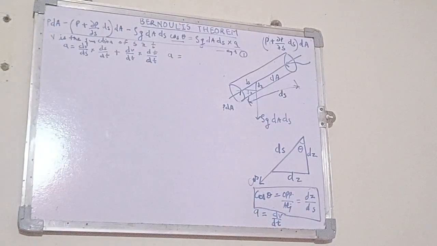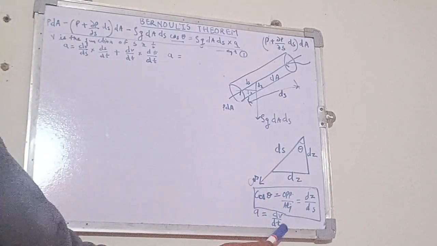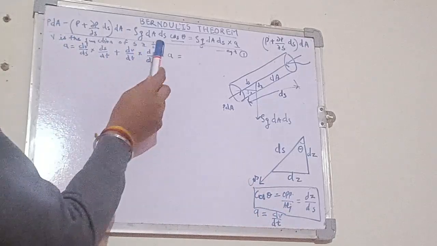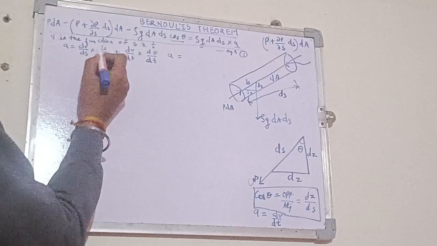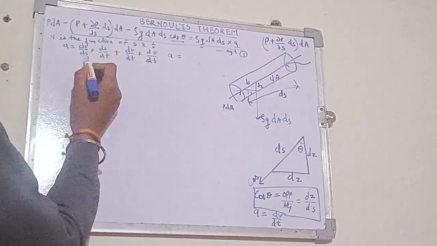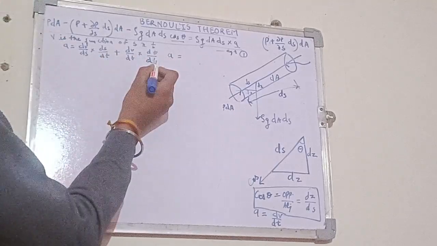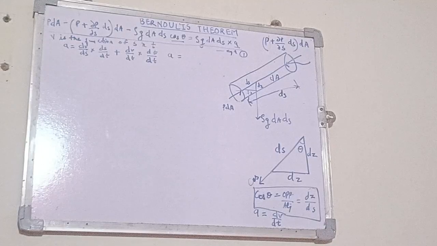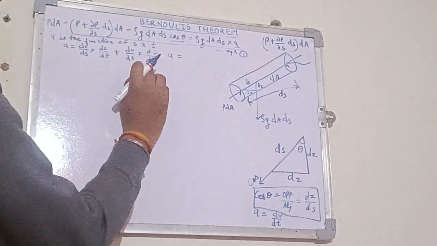Now for finding acceleration, acceleration is equal to dv by dt. Here v is a function of s and t. Taking the derivative, we get del v by del s into ds by dt plus del v by del t.